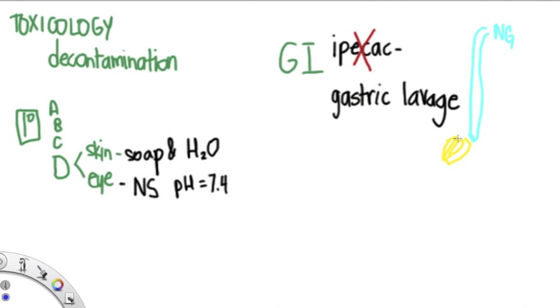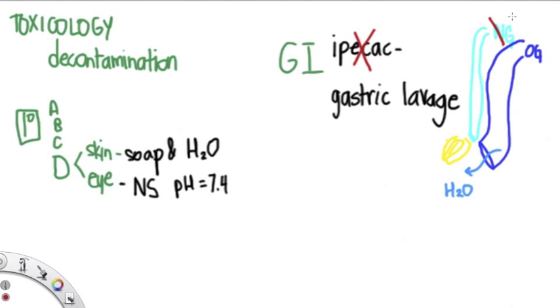You need to use something bigger. And so then you stick in these almost garden hose sized oral gastric tubes down in the stomach and maybe wash it out with a little bit of warm water or saline and then suck back up and suck all the pill fragments back into the tube. So we know that an NG tube is way too small and useless in this situation.